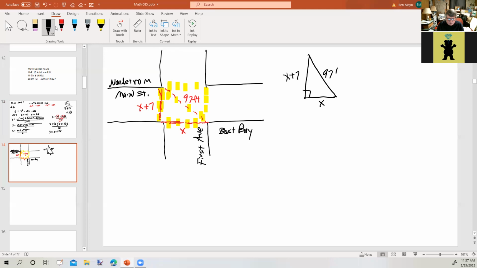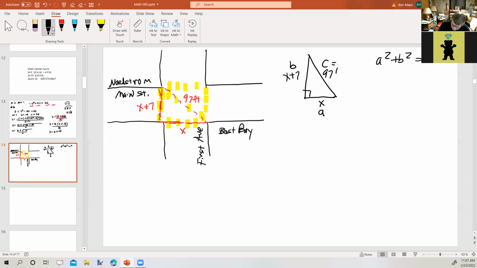Now, recall the Pythagorean theorem that says a squared plus b squared equals c squared, where c is always the hypotenuse. In this case, c is the 97. Let's see, we'll call this a. Let's use the correct, we're using small letters. So this is a and this is b.